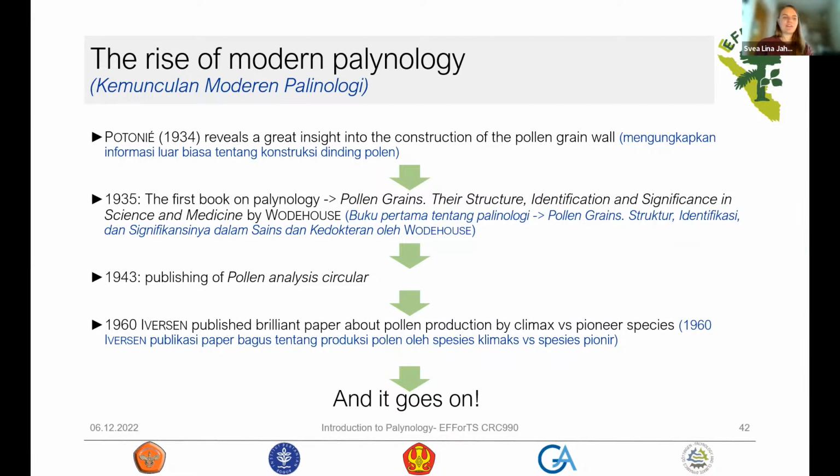This was in 1943, and now we are facing the Second World War, so pollen went through some world wars, let's say. And here there was the issue that scientists could not communicate well during this time. So a palynologist was quite upset about that.